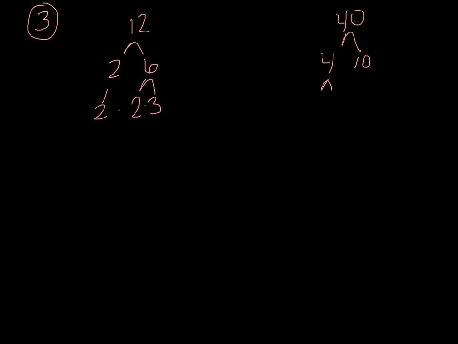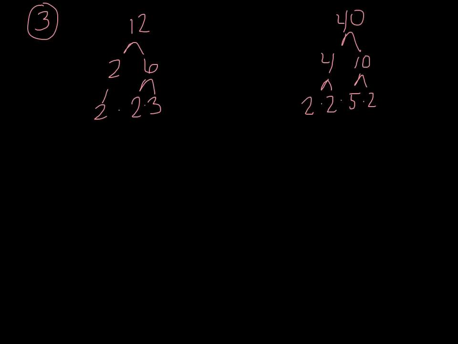Okay, so if I have 12 and 40, 12 I know is 2 and 6. Bring down my 2. 2 and 3. Okay, and 40, I'm going to do 4 and 10. 2 times 2. 5 times 2. Okay.